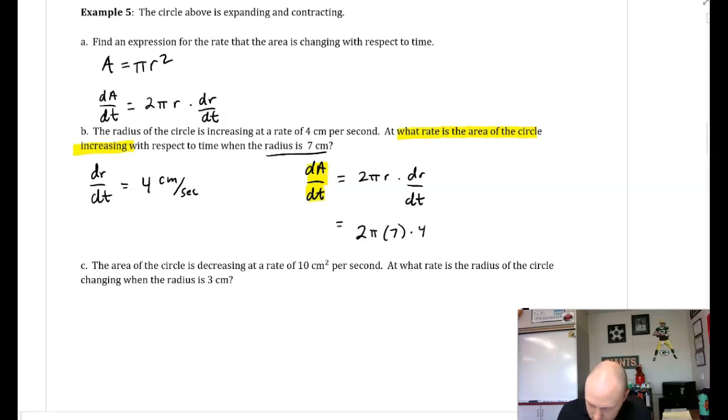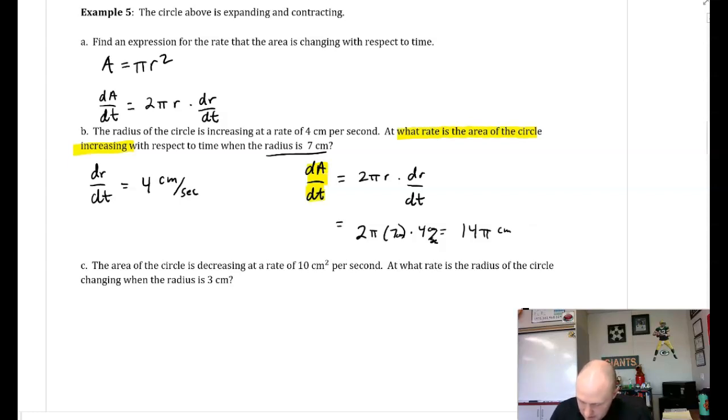Okay, so here is dA/dt, and this was in centimeters per second. And if I go ahead and multiply this, we have 14 pi times 4, and I don't want to lose track of my units here.